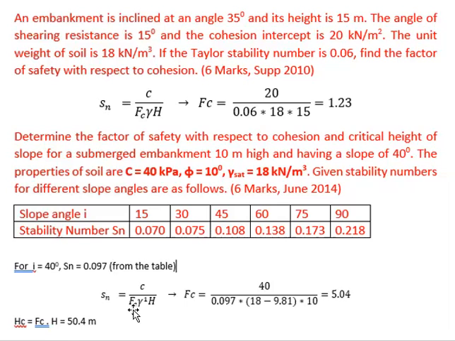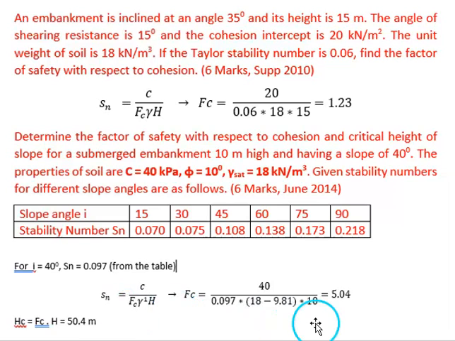So here initially we have to find the factor of safety with respect to cohesion, where the C value is given as 40, and the Sn value is obtained as 0.097 corresponding to the i value of 40 degrees. Stability number is 0.097 from the table, and we should take the submerged unit weight. So here the saturated unit weight is given, minus the unit weight of water.